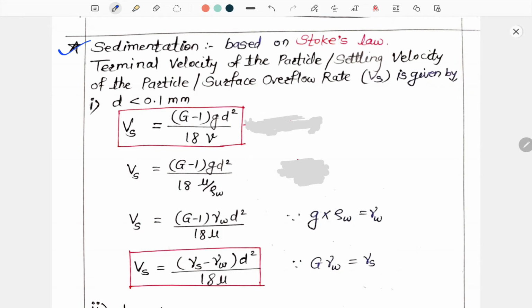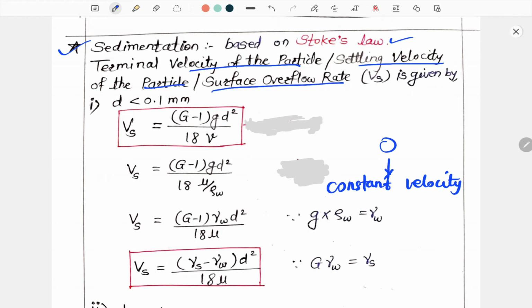Sedimentation is based on Stokes law. According to Stokes law, when a spherical particle moves downward independently in an infinitely large medium, then after a certain time it achieves a constant velocity, which is termed the terminal velocity of the particle, or settling velocity, or surface overflow rate.